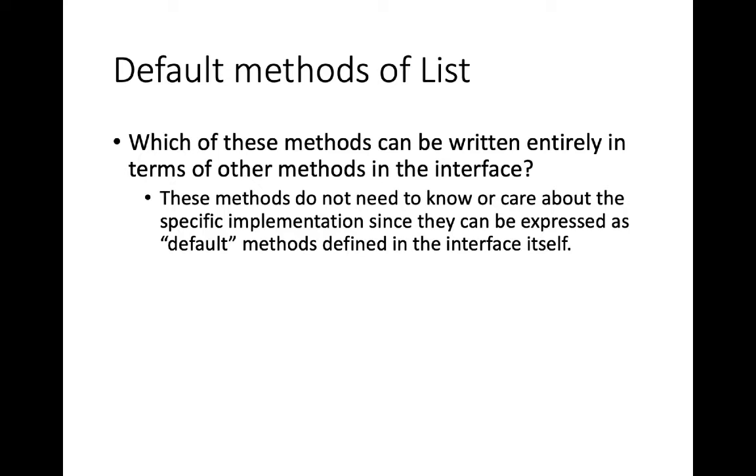In other words, if we can find a way of implementing one of the interface methods entirely using the other interface methods, then we don't have to know anything about the details of a specific implementation. We can simply provide a default implementation in the interface, using the other interface methods, without having to put it into our concrete implementation.